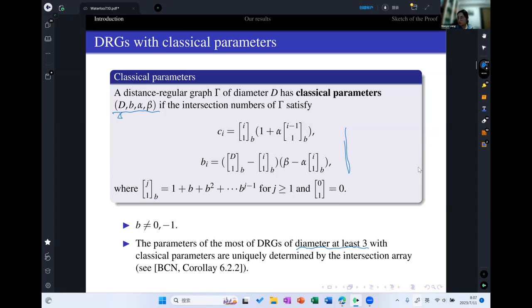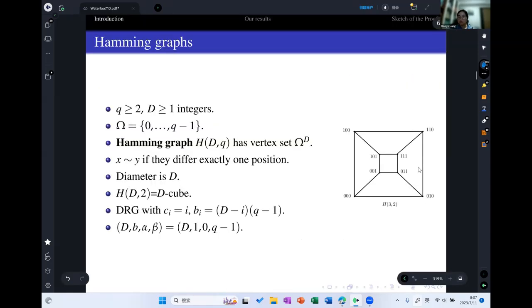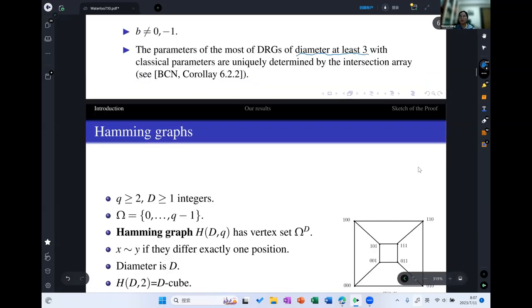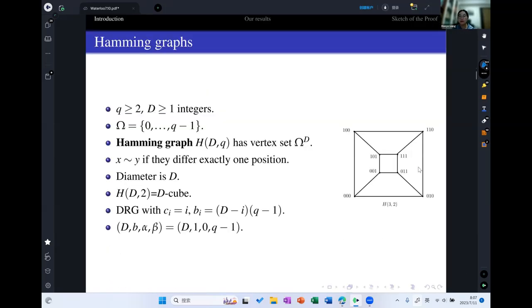So if we want to do something on distance regular graphs by the intersection numbers, sometimes we use classical parameters. Then we can see some examples. So here are Hamming graphs.